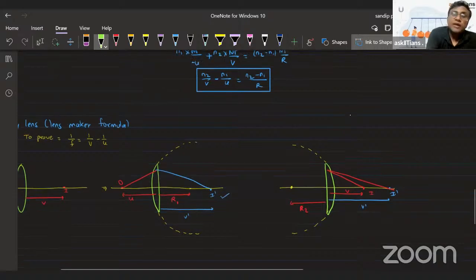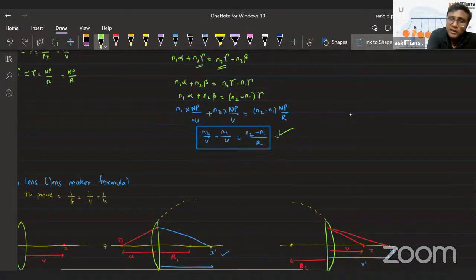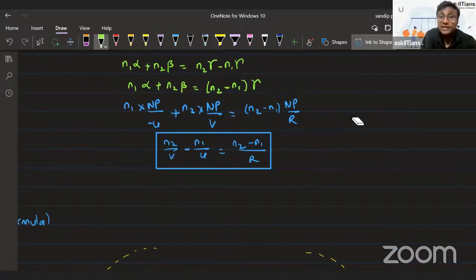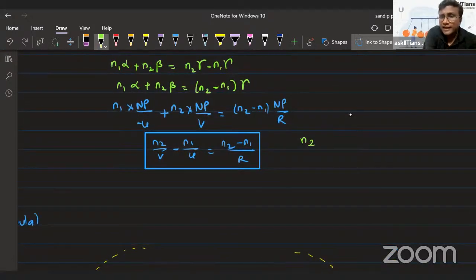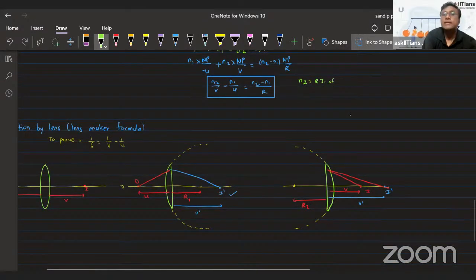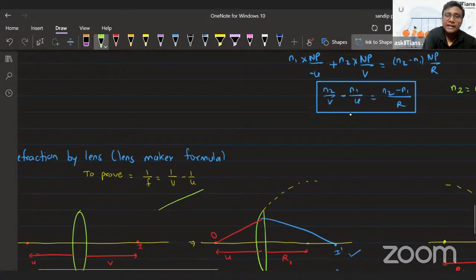So like this. Now we are going to use this formula. Now let's try to understand what this formula suggests. What are the different things they have written here? So when we say N2, N2 is the refractive index of the second medium. We are going to use the same formula for these two parts to ultimately arrive at this relation, right?